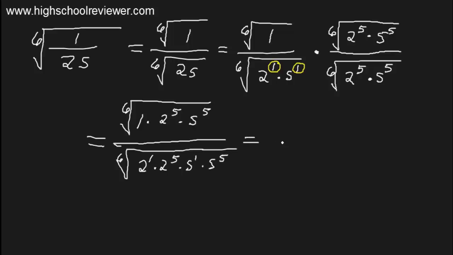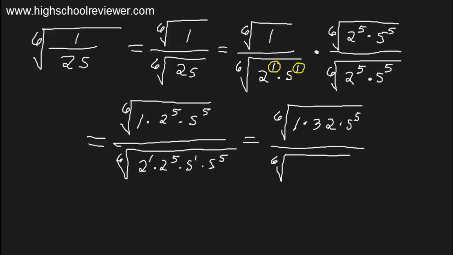Okay, so this will now be the 6th root. 2 raised to 5 is 32, times s raised to 5, all over the 6th root of 2 raised to 6 multiplied by s raised to 6.